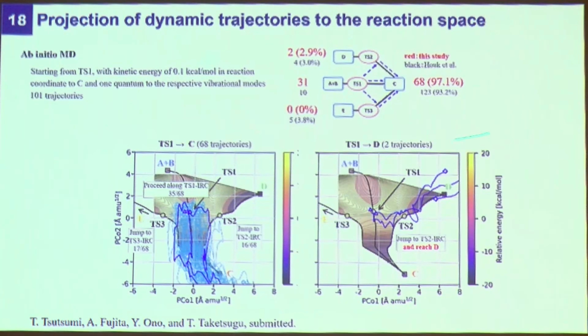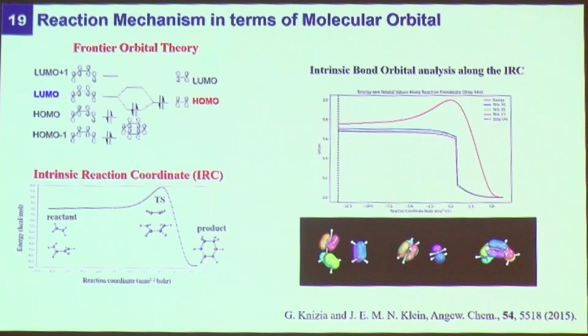So our results are almost the same as Hawk et al., but we plot these 3 reaction paths and trajectories in the same 2-dimensional space, and we provide an intuitive picture of the reaction process.